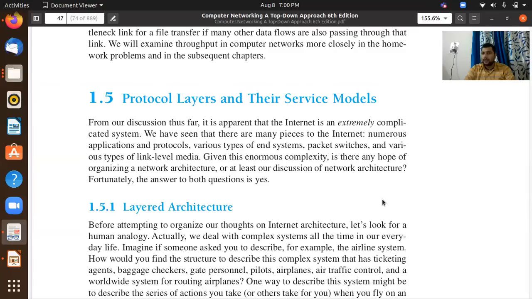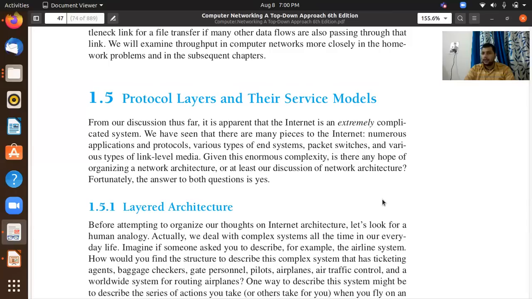There, 7 layers were in operation. But here in this design, the TCP/IP protocol stack, the layers are 5 in number. So first, I will brief you about the distinction between the OSI model and the TCP/IP model.